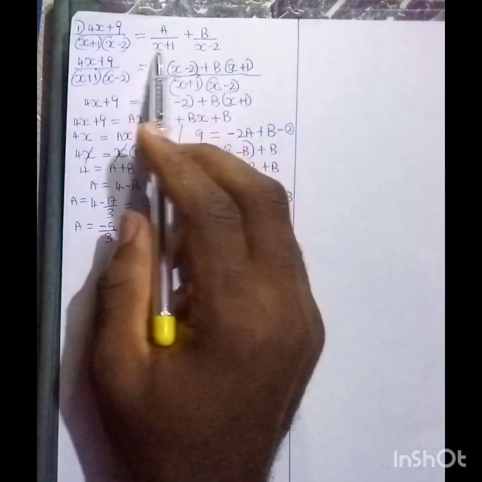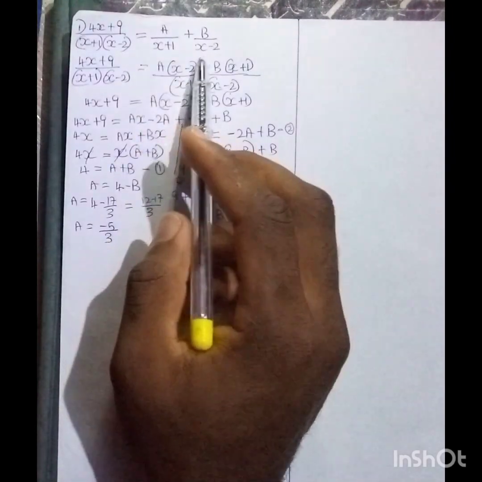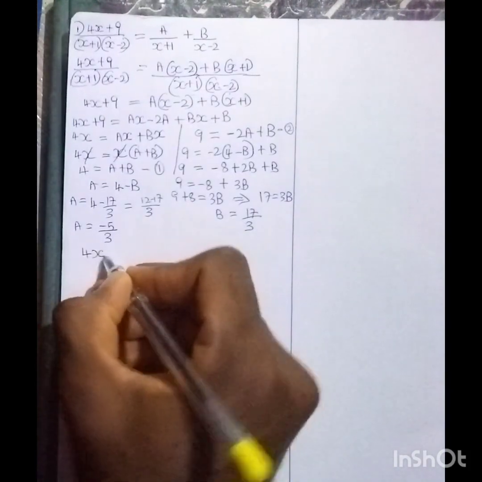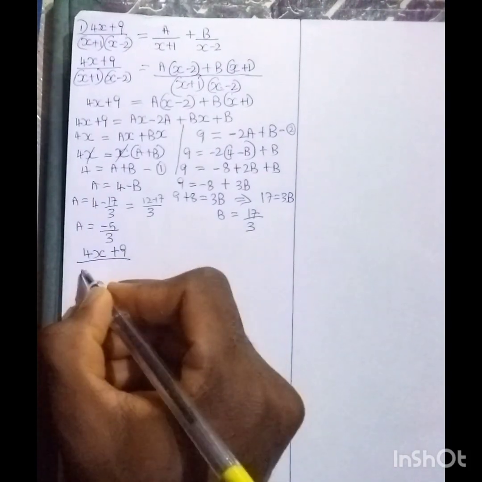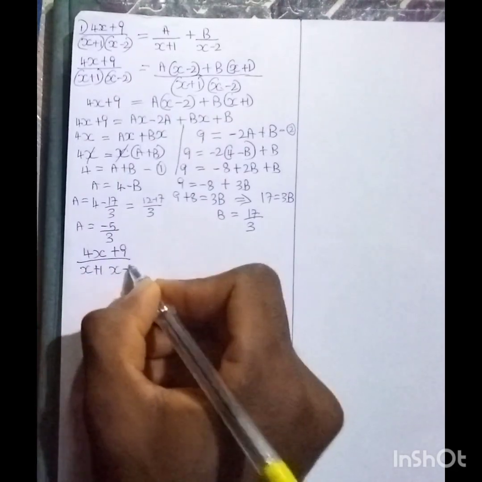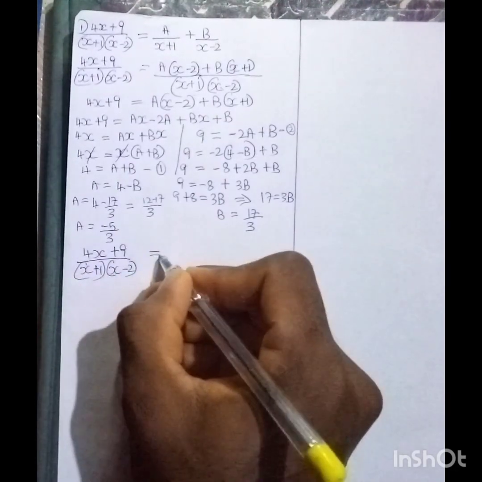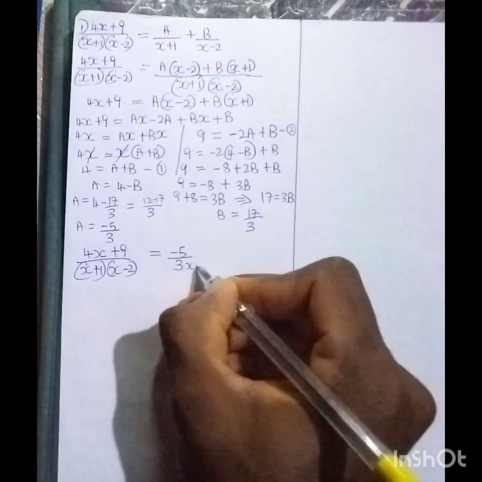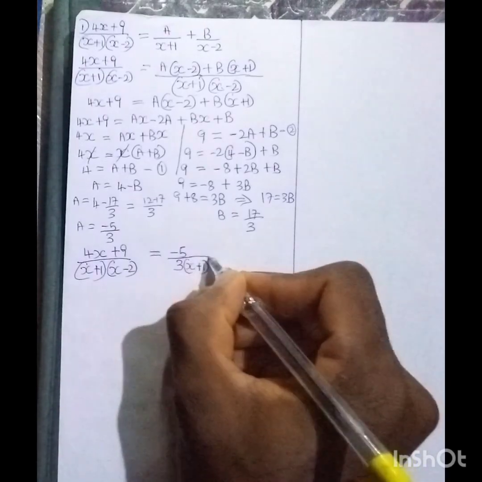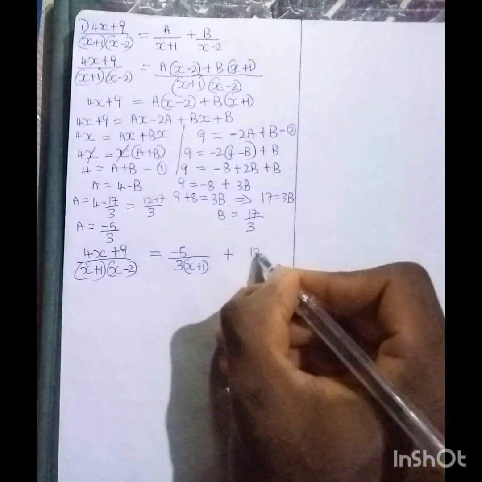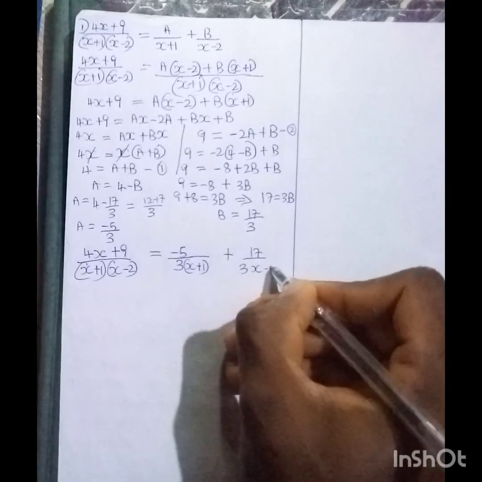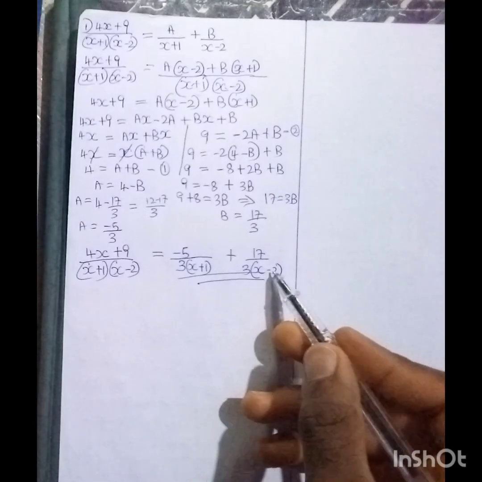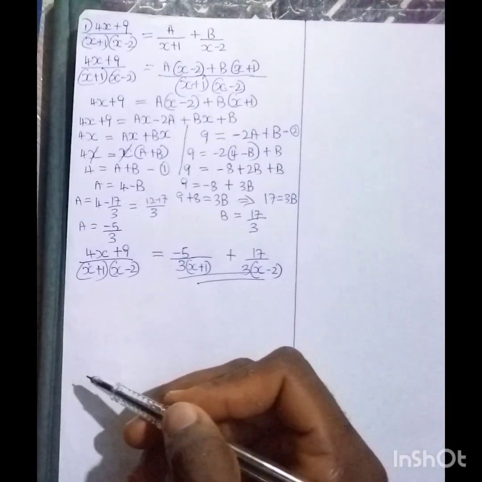Because we are to give the two fractions that will give us the general fraction, we have that (4x + 9) over (x + 1)(x - 2) is equal to -5 over 3(x + 1) plus 17 over 3(x - 2). So this is the answer. We'll move over to the next question.